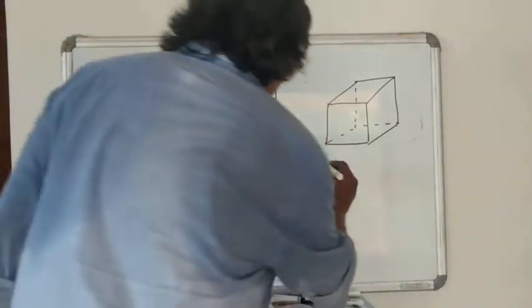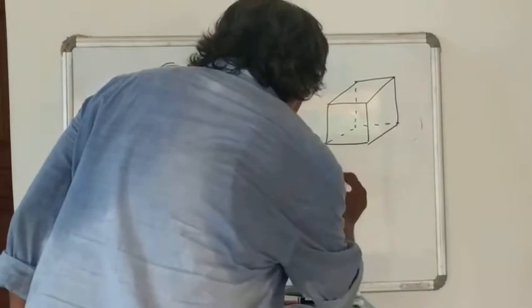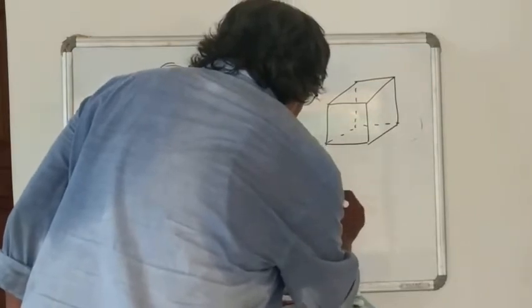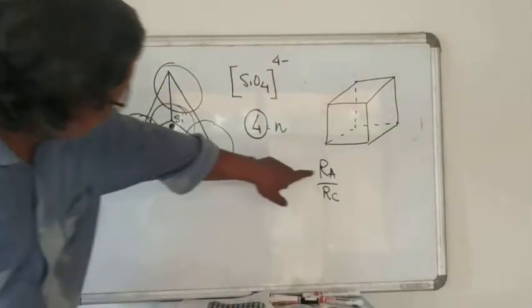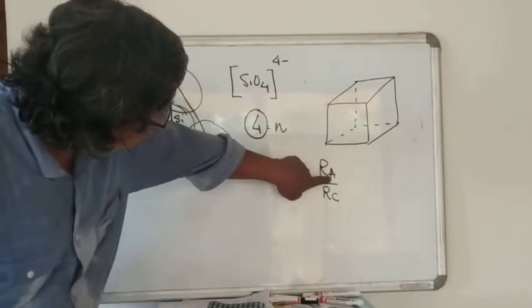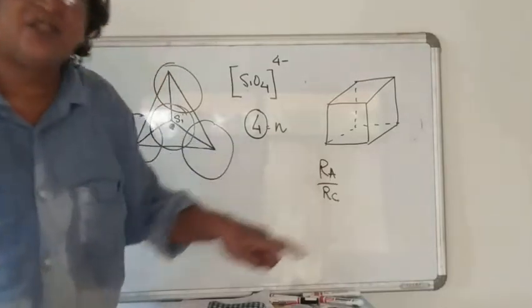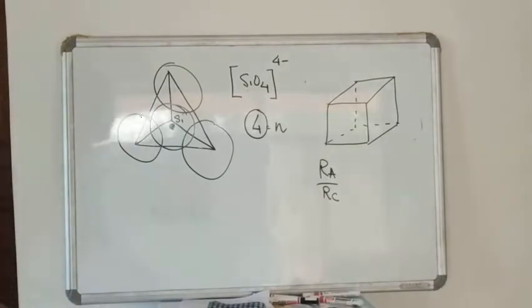This is what is called Ra by Rc, where Ra is the radius of the anion and Rc is the radius of the cation. This is called the radius ratio.